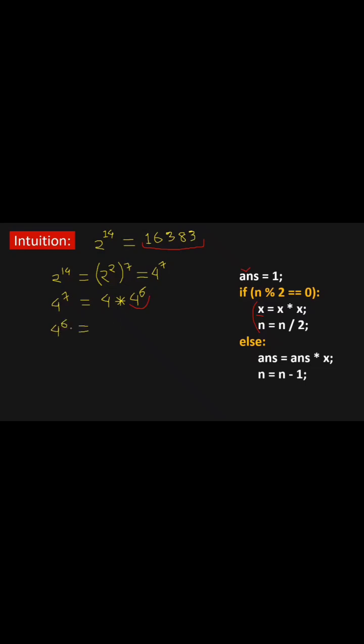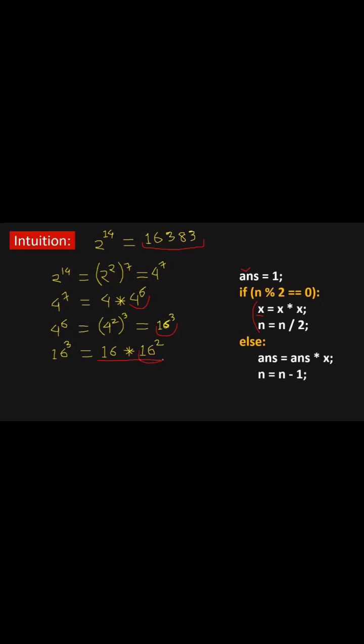For 4 to the power 6, we can rewrite it as 4 squared to the power 3, and by applying this formula we get 16 to the power 3. Now let's find out the value for 16 to the power 3. Since 3 is not divisible by 2, we apply this formula and we get 16 times 16 to the power 2.